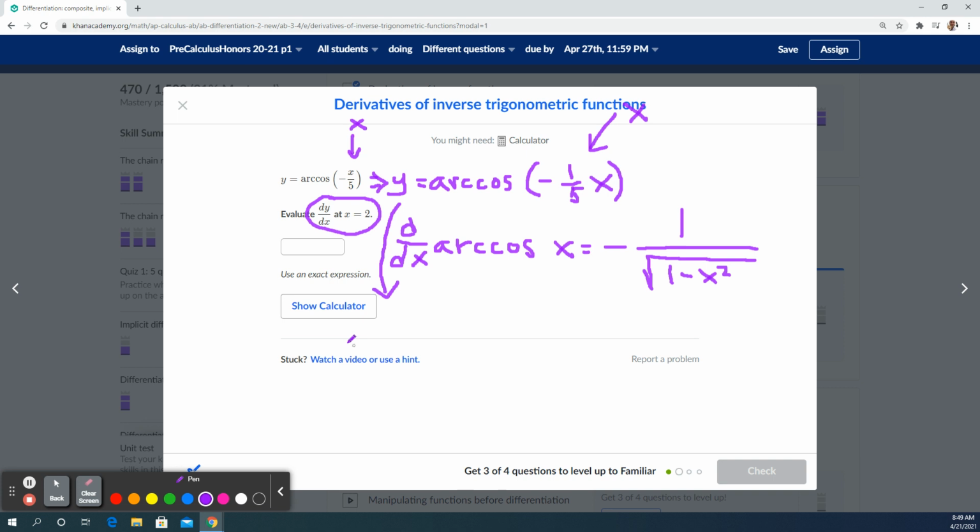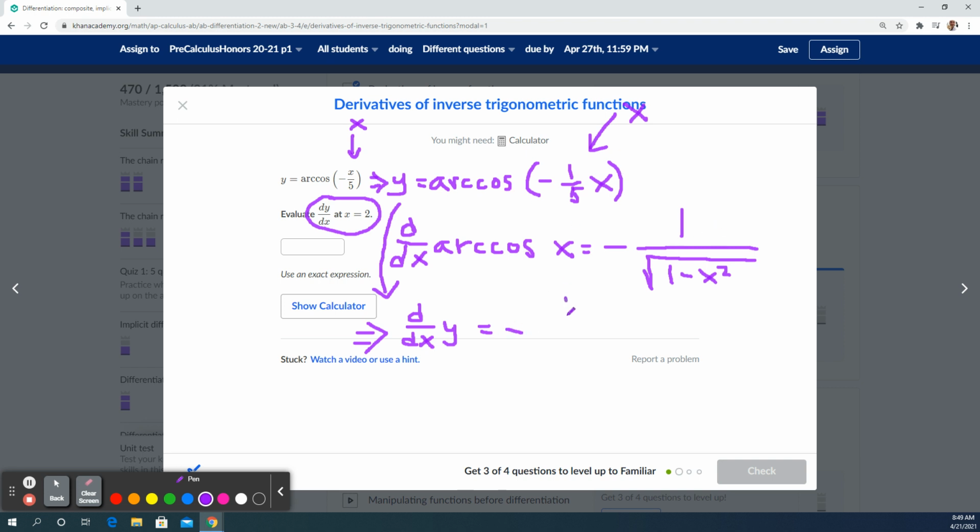And now we have dy or d dx of y. So that's the same thing. I'm doing the derivative of this. Do what you do to one side, do the other. Equals the derivative of arc cosine is that formula I just wrote out.